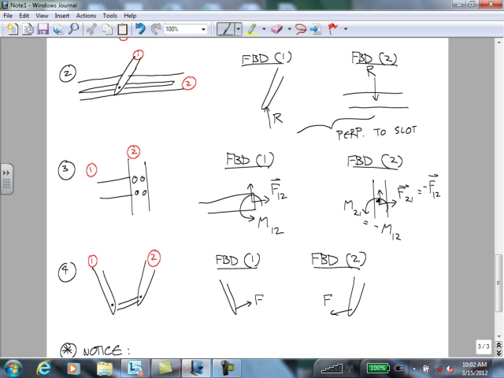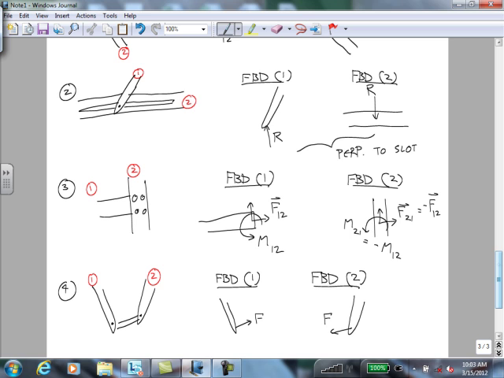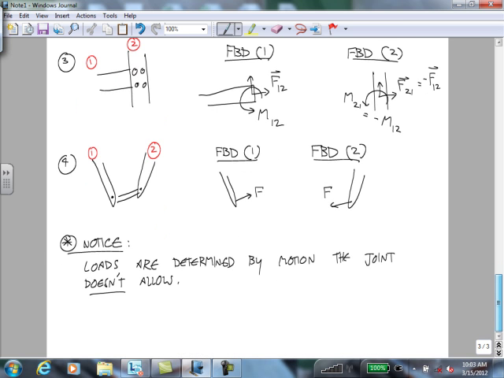So 60 degrees, 60 degrees. That's equilateral. And instantaneously, the angular velocity of body 1 and the angular velocity of body 2 are equal to 0.